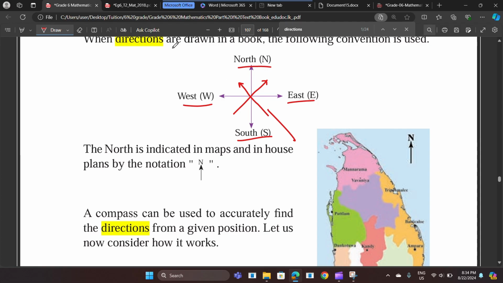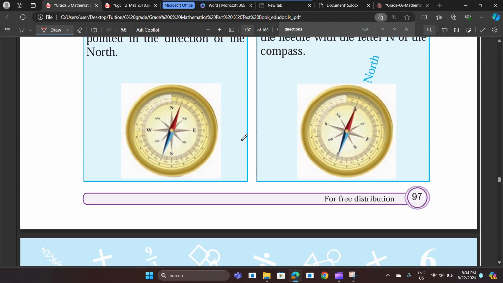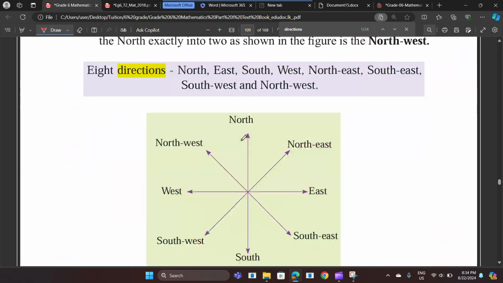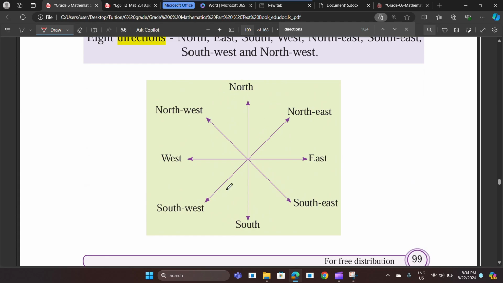I don't know whether you have learned about these subdirections. Yes, you have. There are all 8 directions: north, northeast, east, southeast, south, southwest, west, northwest. Likewise, there are 8 directions.